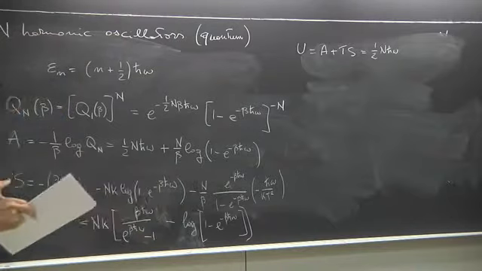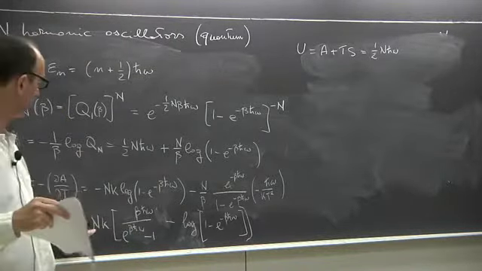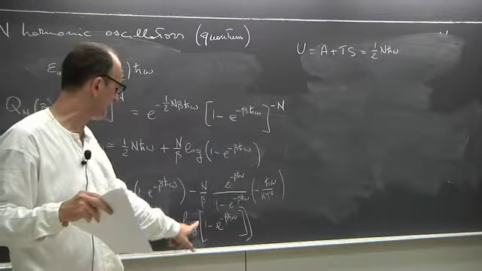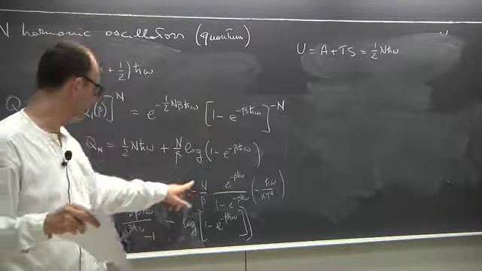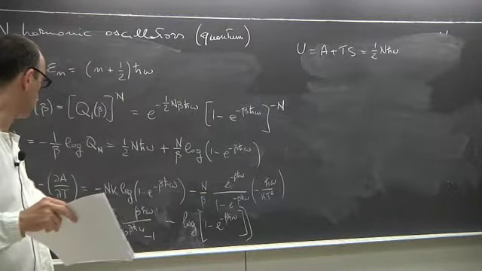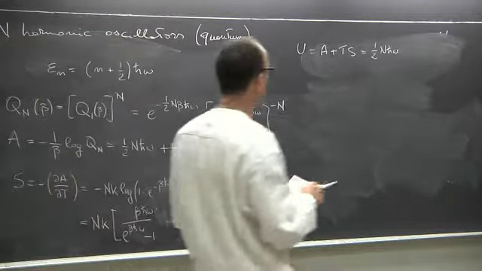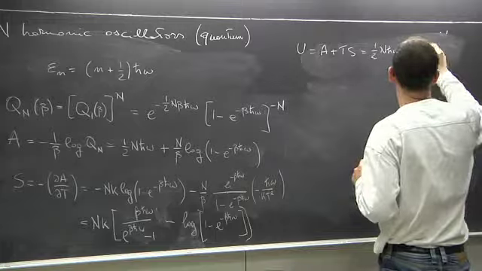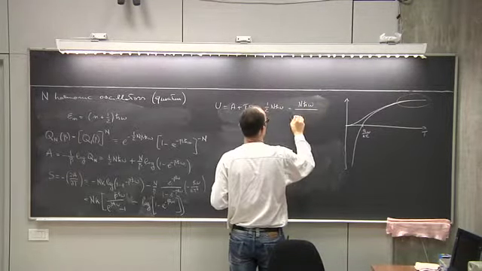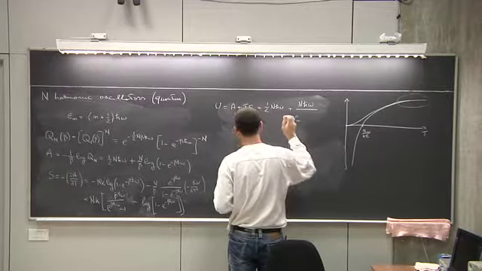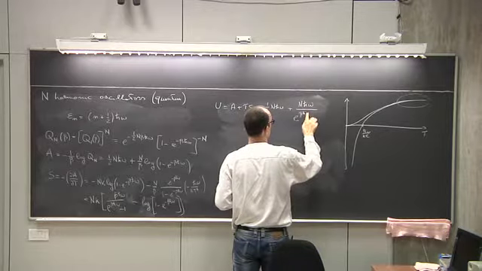If you take S and multiply it by T, then you have N divided by beta times minus this log, which will cancel exactly with this. And you are left only with nkT times this object, which is h bar omega divided by e to the beta h bar omega minus 1.